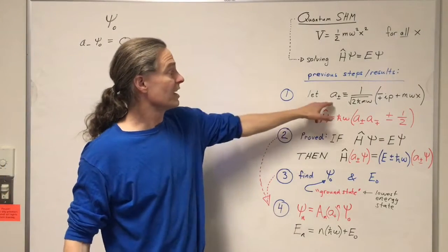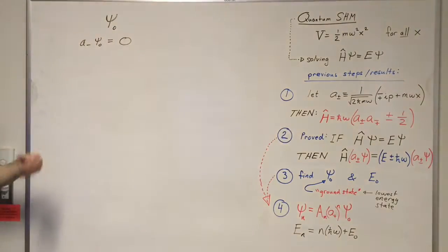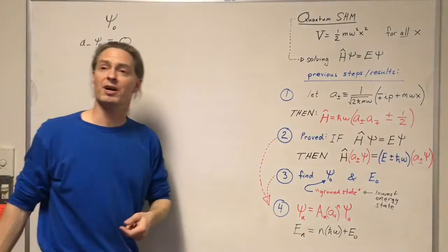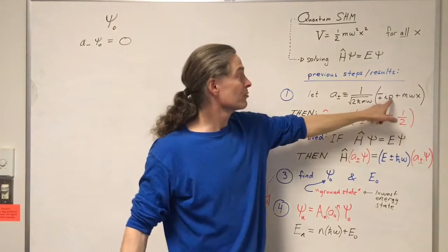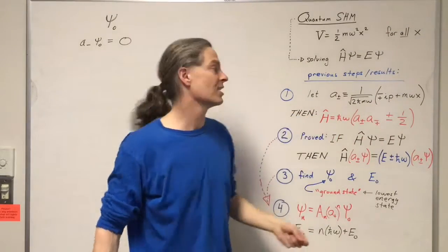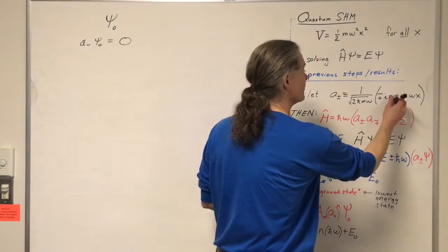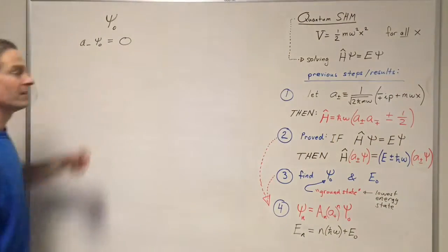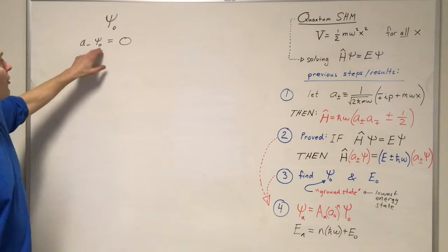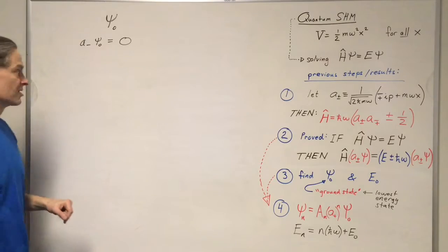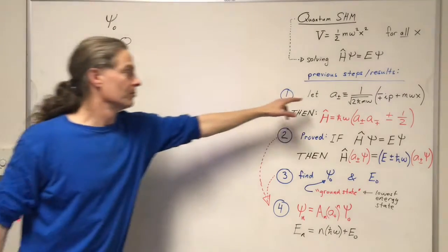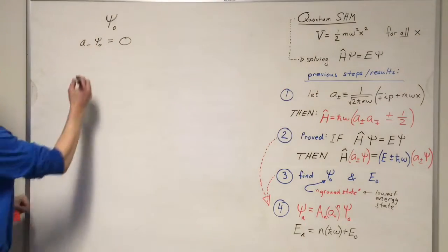Let's just plug in the A minus operator here, solve the corresponding differential equation, and it is a differential equation because remember the momentum operator has a derivative in it, and then we can solve that differential equation and hopefully get the ground state psi sub 0. So here we go. We're going to plug that in right here.